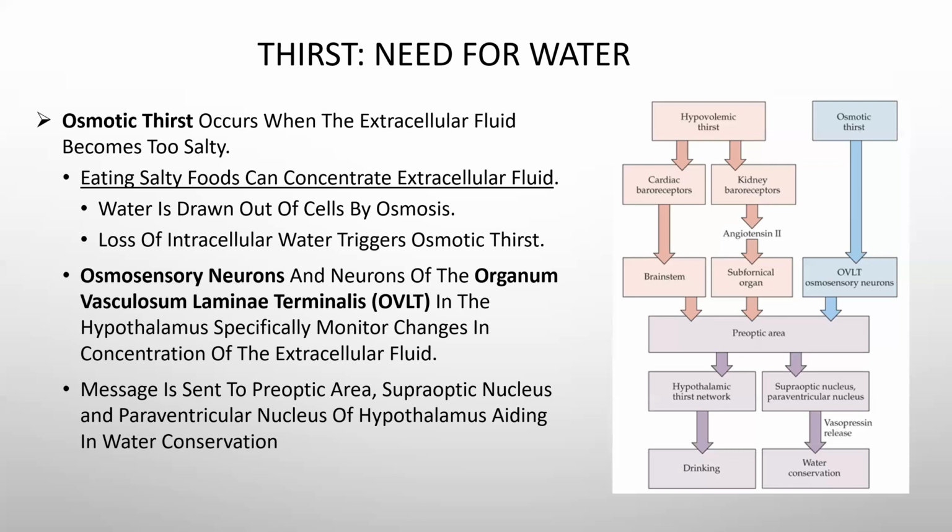For hypovolemic thirst, the one that we talked about before, we had the baroreceptors involved. Then we have the brainstem or the subfornical organ. That is a small organ that is very, very close to the hypothalamus. Then preoptic area, hypothalamic thirst network, and drinking, regulated again by the hypothalamus.